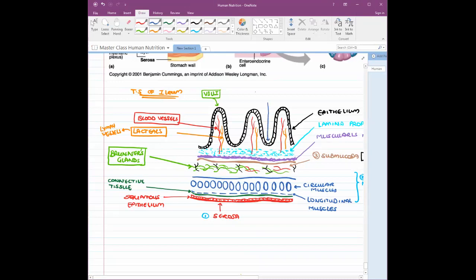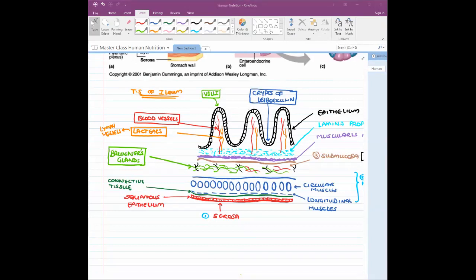I know there are new terms coming up, but crypts of Lieberkühn. Now in the crypts of Lieberkühn, you are going to have certain cells, and these cells produce the intestinal juices, and the intestinal juices bring about your digestion. This is how it is going to work, guys.